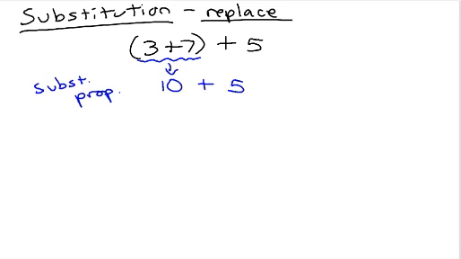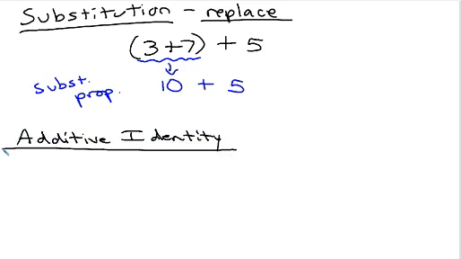Next, let's get through our list here. The next one is common sense. But this common sense has a name, and it's called the additive identity.